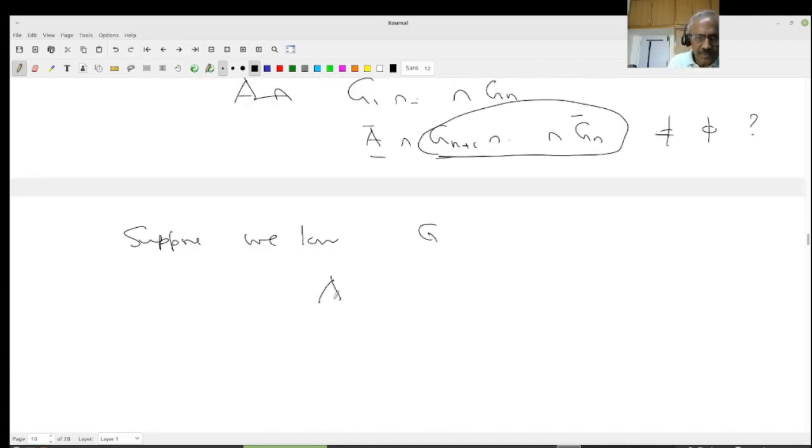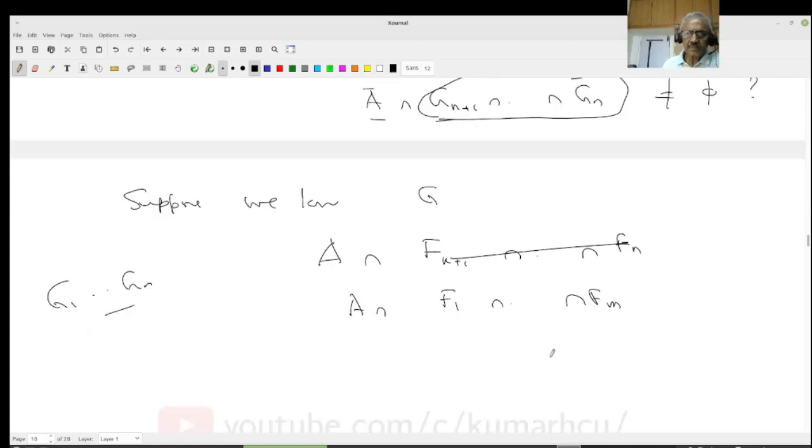So what I want is A intersection Fk+1 intersection Fn, or simply F1 intersection Fn. My family G1 to Gn is nothing other than this. If I know this is also in F, then I am through, because A intersects every element of F non-trivially, therefore this will be non-empty.